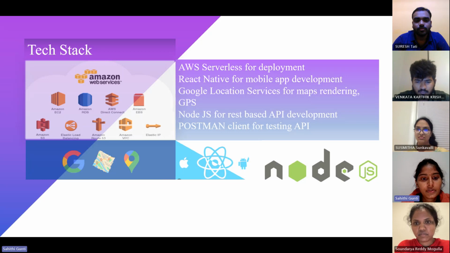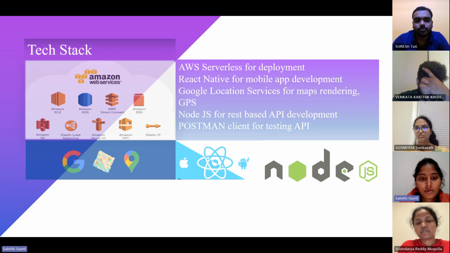Moving to this slide, we did a lot of research while considering the tech stack for this application. For the front end, we used React Native as the mobile UI. React Native is a hybrid framework, with which we can address Android and iOS versions.